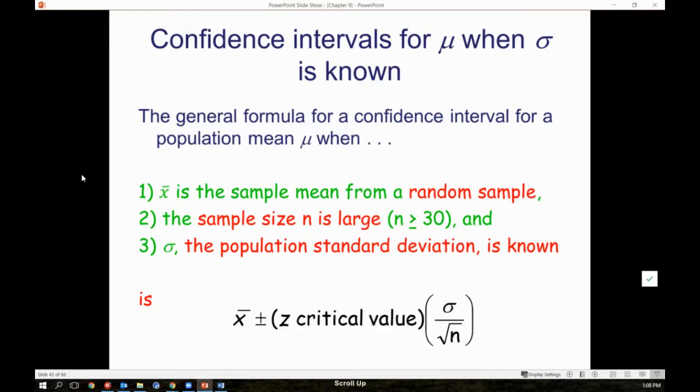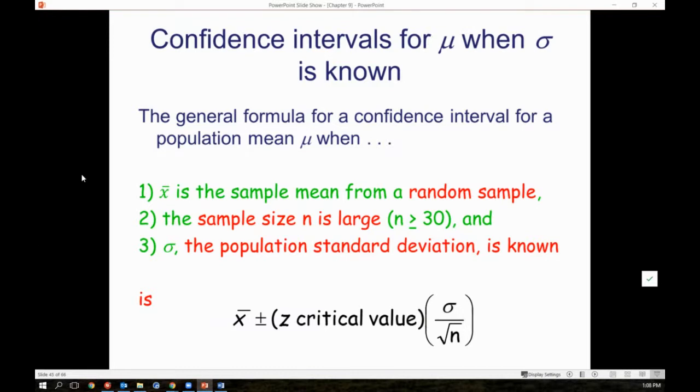So the general formula for a confidence interval for a population mean, when the following three conditions are met: X bar has to be the sample mean from a random sample, the sample size n must be large, and the population standard deviation sigma must be known.